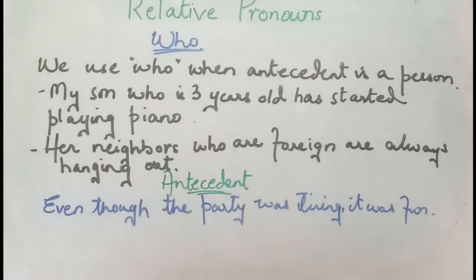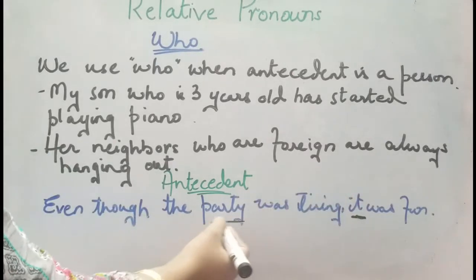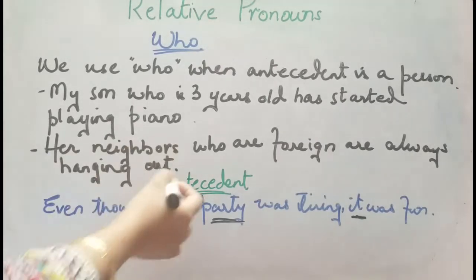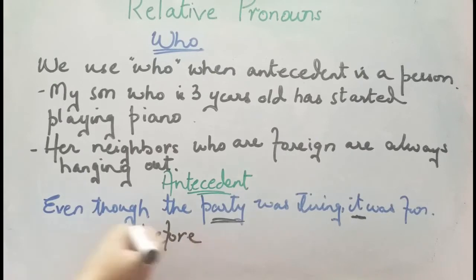Even though the party was tiring, it was fun. Now see over here, it is a pronoun. What is it referring to? It is referring to the party. Okay, so now see, party is the antecedent. Ante means before.